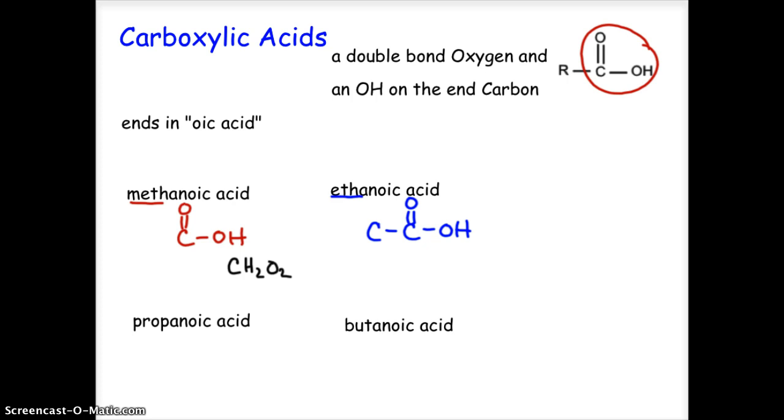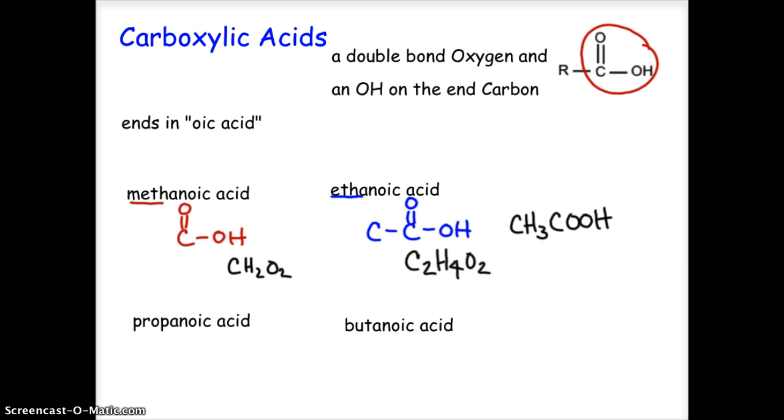Sometimes how we would show the molecular formula for ethanoic acid, you could use the same system that I was using before, which would be C2H4O2. However, commonly you'll see ethanoic acid show its structure as CH3COOH. So that is a common molecular formula showing the structure of ethanoic acid.